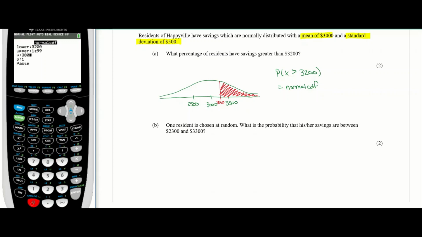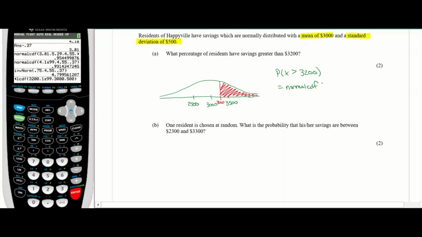My mean and my standard deviation. Oops, not 5,000, 500. Make sure all your values are correct. I'm going to write them down. 1 times 10 to the 99. And then we'll get our solution.